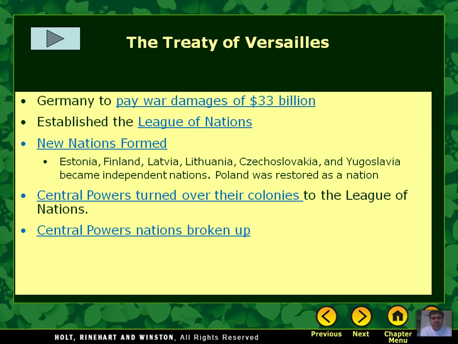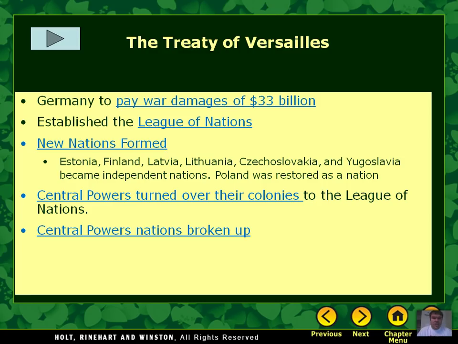The Central Powers were supposed to turn over their colonies to the League of Nations, which meant that places in the Middle East that were controlled by Turkey eventually went to the British and the French. And then Central Power nations were broken up. So Austria and Hungary were no longer together. Austria was a separate country and Hungary was a separate country.